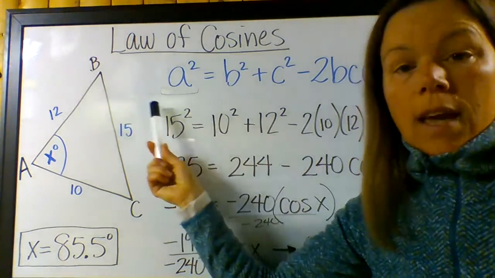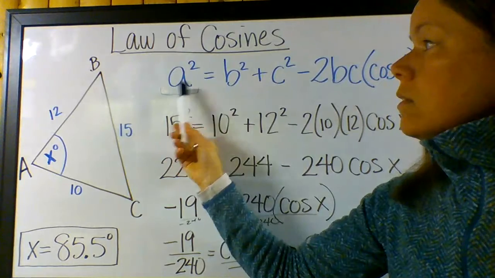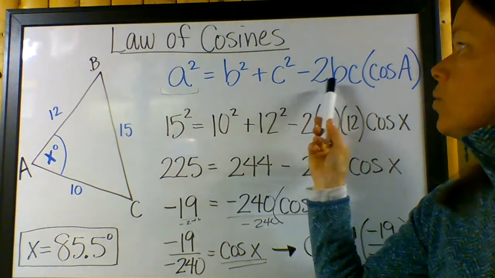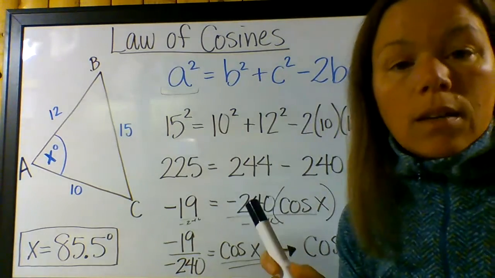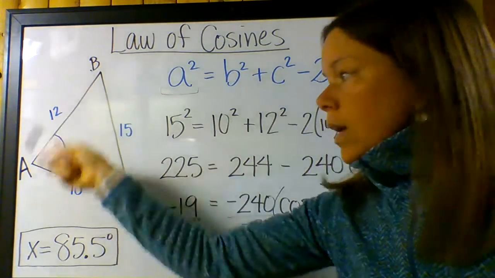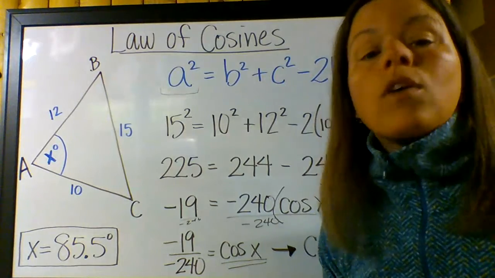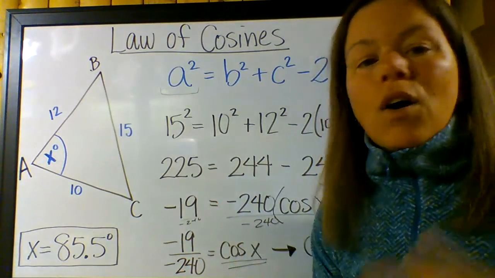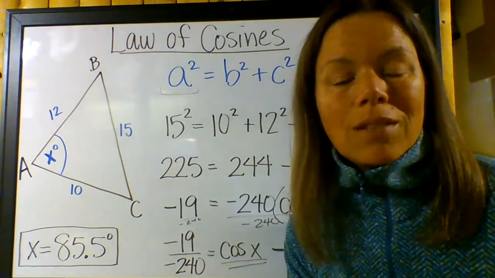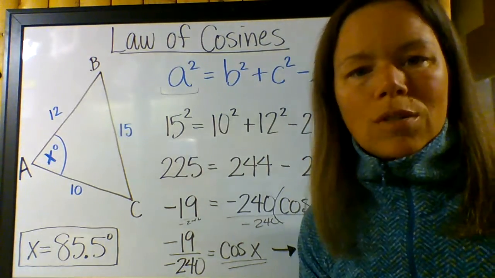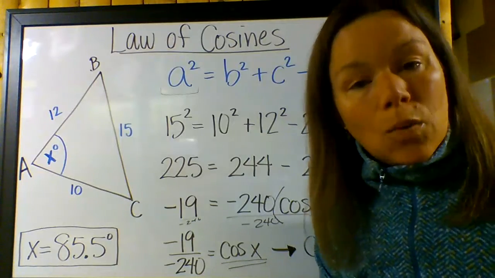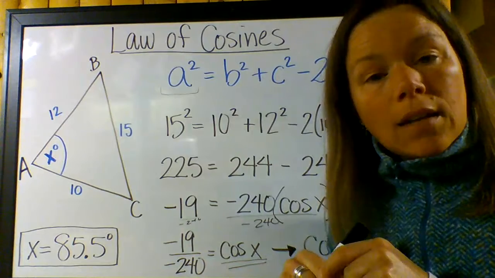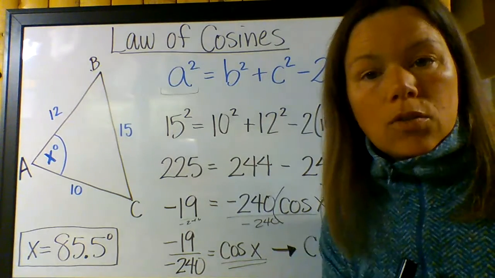You would see this as b squared equals a squared plus c squared minus 2ac cosine B if I relabeled this, or c squared equals, and those are the formulas that you see. Of course, on the page they're not even A, B, and C; they're like S, P, and Q or something. So it does not matter what the letters are. It matters where the side lengths and the angle are, and that's how you ground yourself, okay?